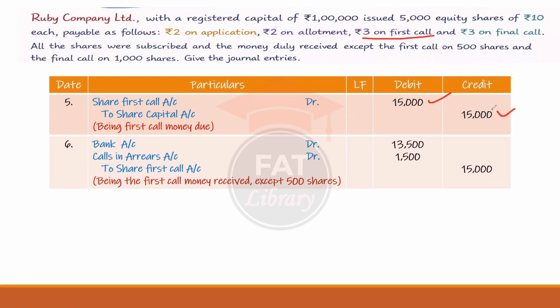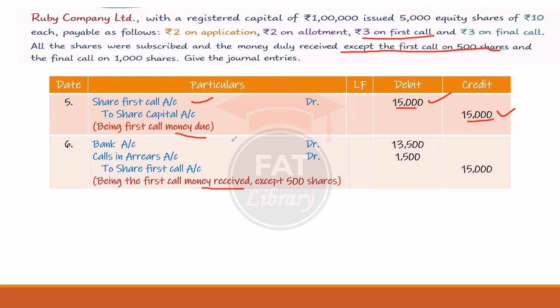So as I said, the first entry will be for money due and the second entry will be for money received. So the amount they are expecting to receive from the first call is 15,000. 3 rupees they have to receive for 5,000 equity shares. What happened here? All the shares were subscribed and money duly received except the first call on 500 shares. So for 500 shares, they are not receiving the amount.